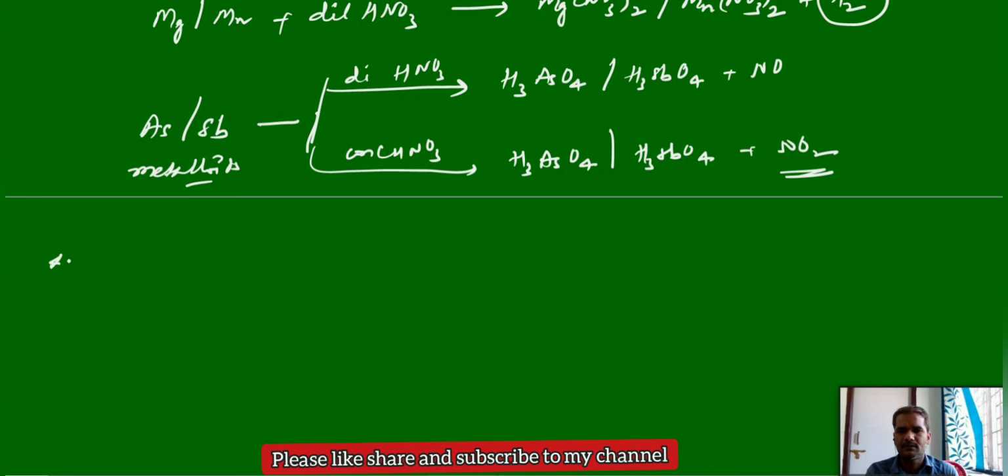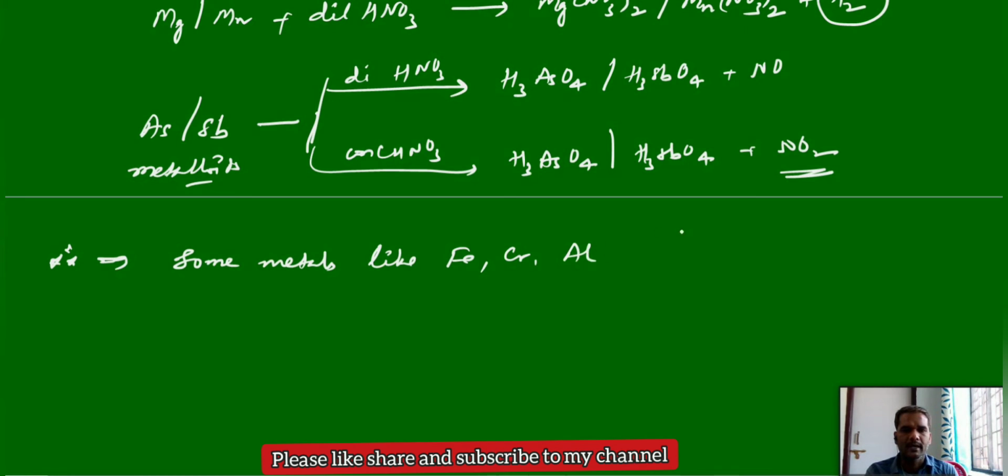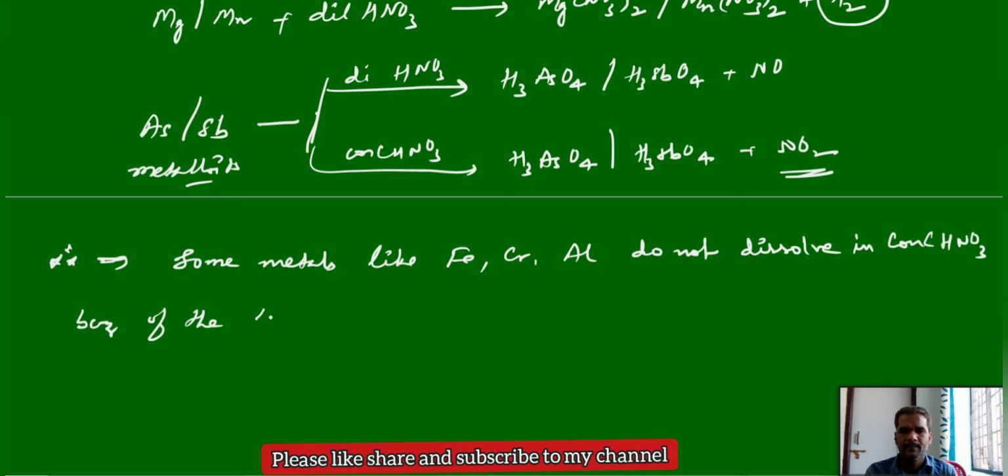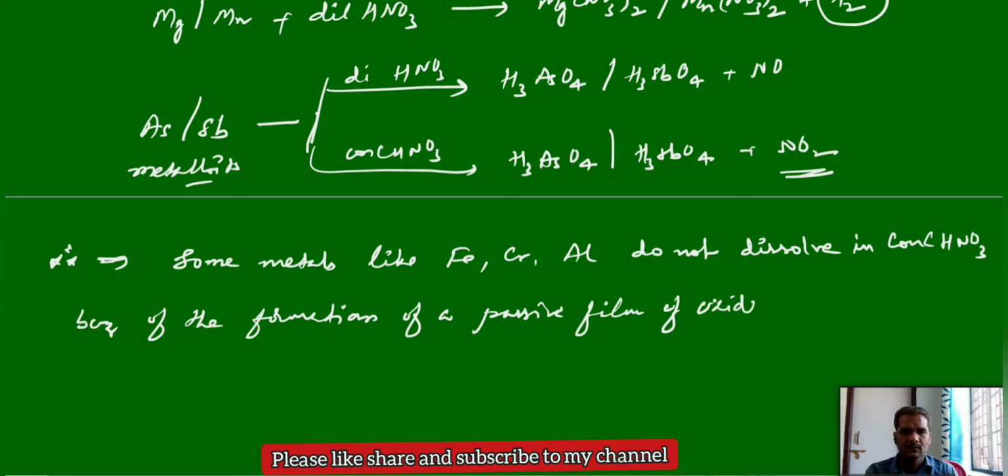Some metals like iron, chromium and aluminium do not dissolve in concentrated nitric acid. Why? Because of the formation of a passive film, a passive film of oxide on the surface of the metal.